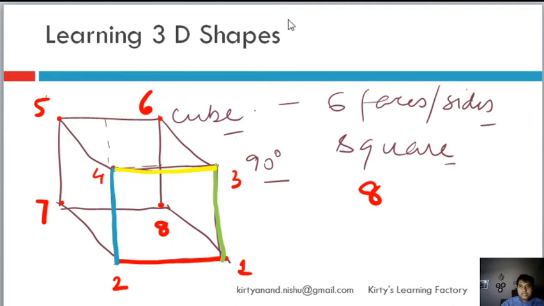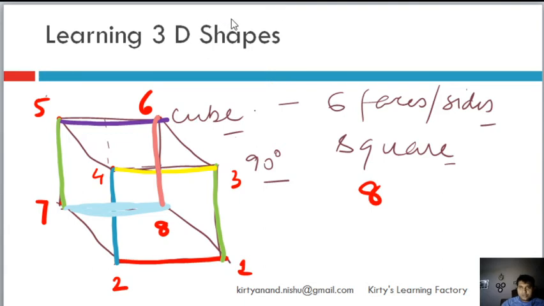Now let's do it again. Let's go behind. This is edge 5. This is edge 6. This is again bottom and behind. This is edge 7. This is edge 8. So 4 in the front, 4 in the back, 8.